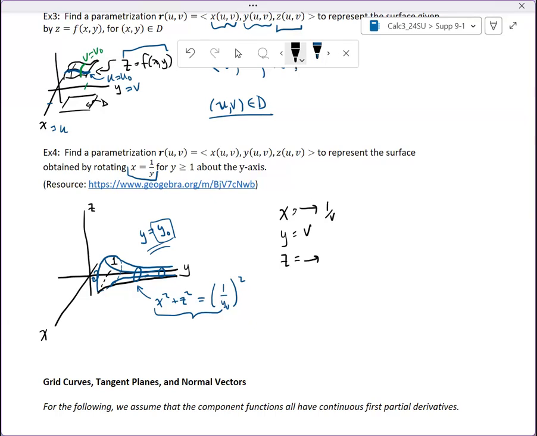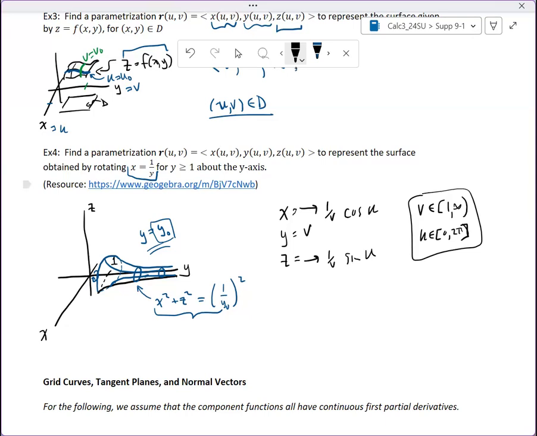So I need 1 over v times cosine u, and 1 over v sine u. Here v goes from 1 to infinity, and u goes from 0 to 2 pi. So this would be my parameterization: 1 over v cos u for x, v for y, and 1 over v sine u for z.